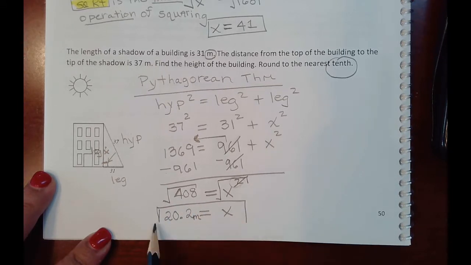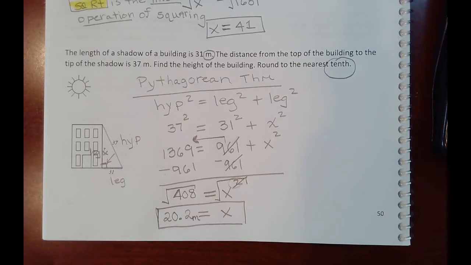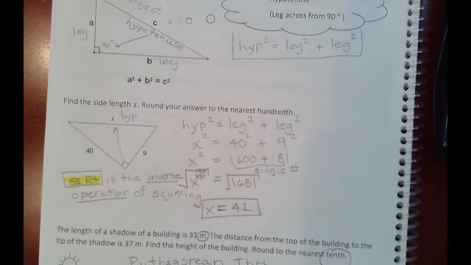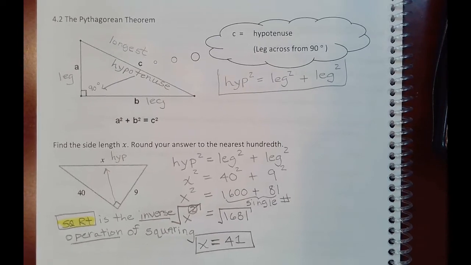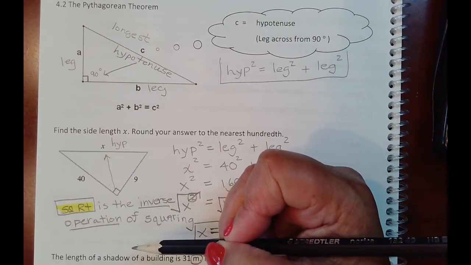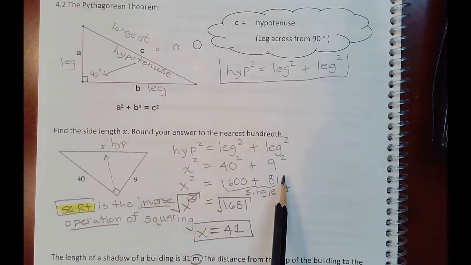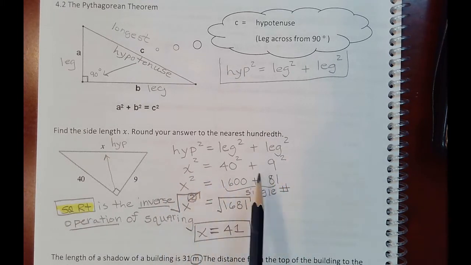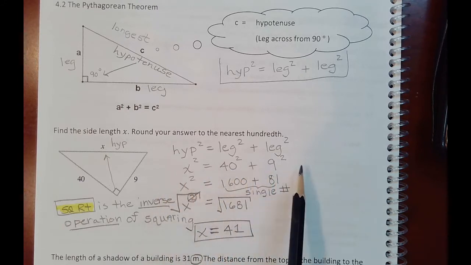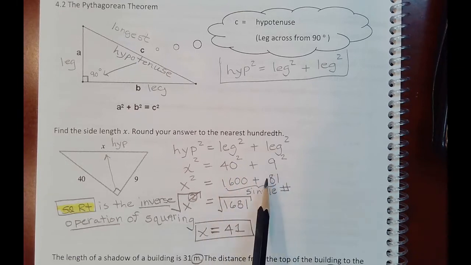So a couple of examples and a little background on the Pythagorean theorem. It is used for right triangles. The hypotenuse will always be the side across from the right angle. When you set up the problem originally, it will always be the hypotenuse squared and then both of the legs on the other side of the equal sign, everything in its squared form, with a plus sign in between the squared legs.